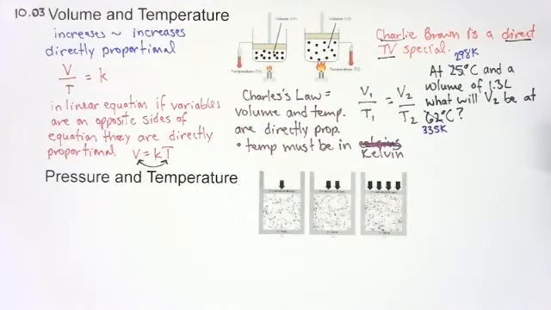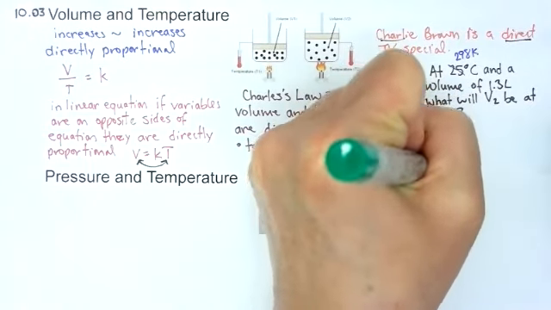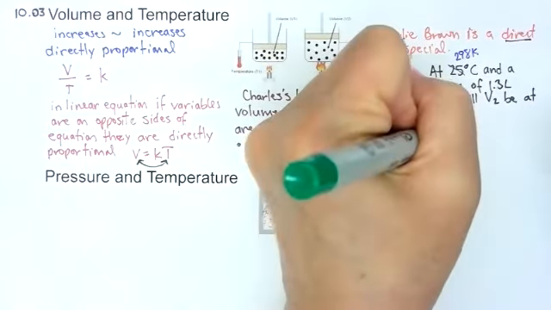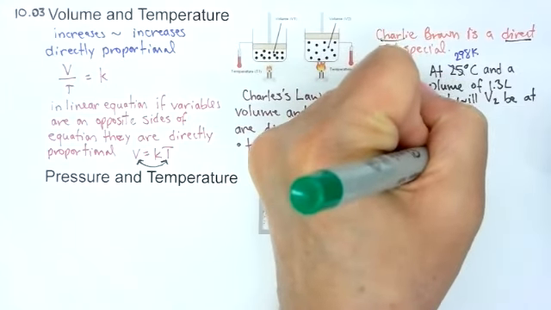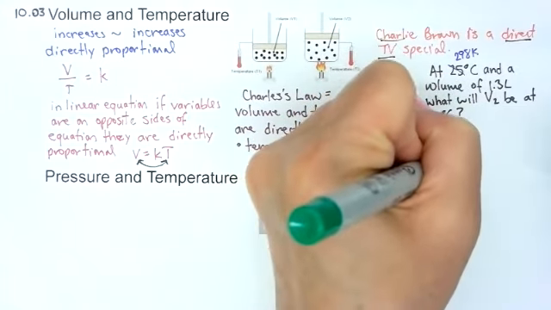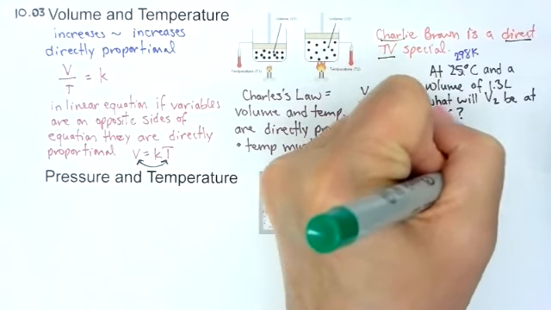So I'm going to make a variable bank. I've got V1, T1, V2, T2. So I've got 1.3 liters, 298 Kelvin. I'm solving for V2, and T2 is 335 Kelvin.